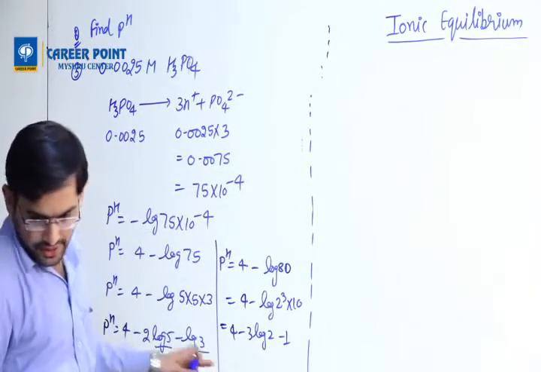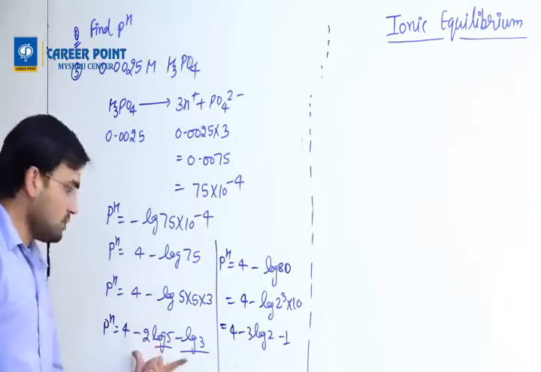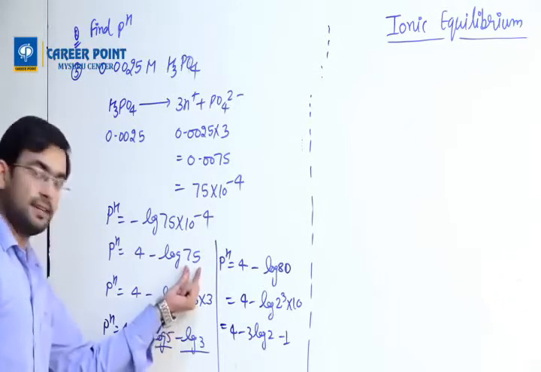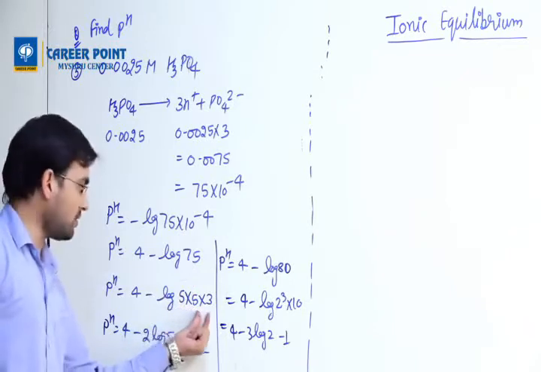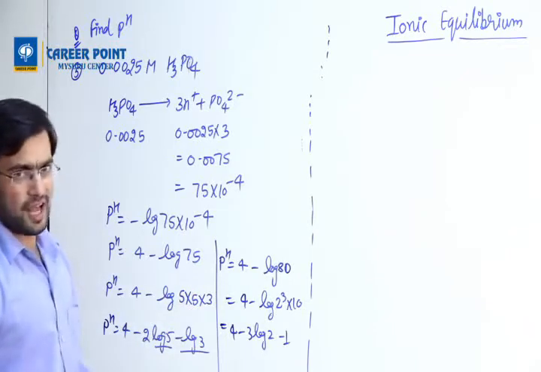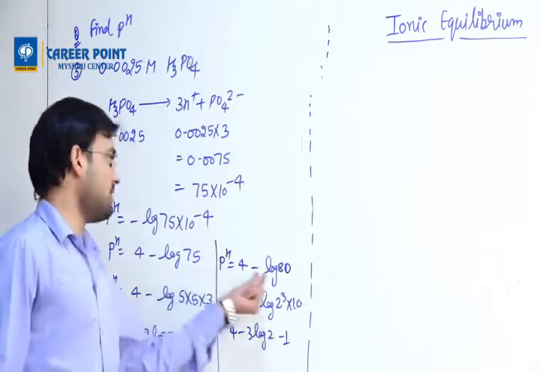Understood, right? If you have a lot of time, you do the proper calculation. Convert that 75 into 5 square into 3, like this we can solve. If you do not have time, you are in a hurry, at that time you can convert the 75 into 80.